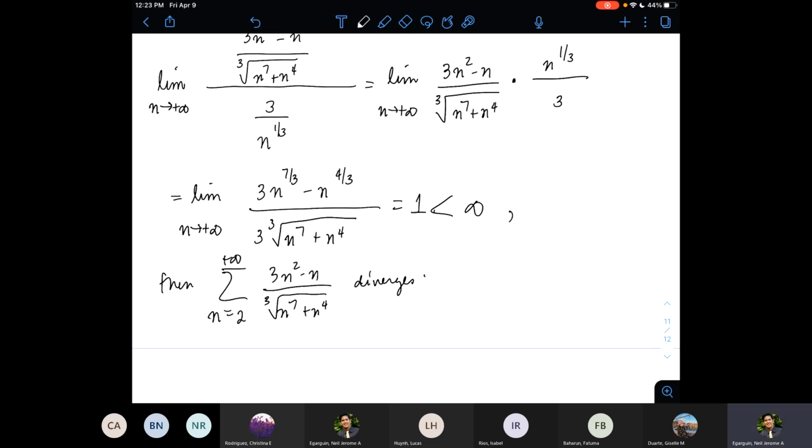Because the testing series was divergent, right? Because it's a P series with P equals 1/3. And that testing series behaves in a way proportional to the given series. So that means the given series should also diverge.